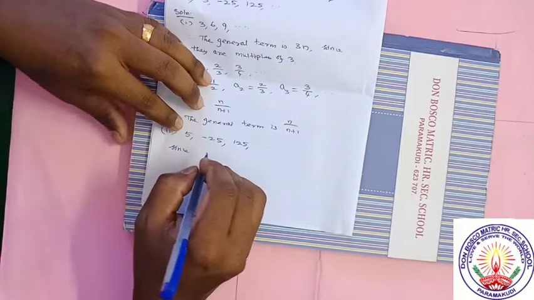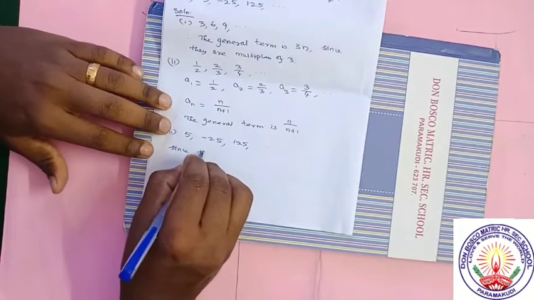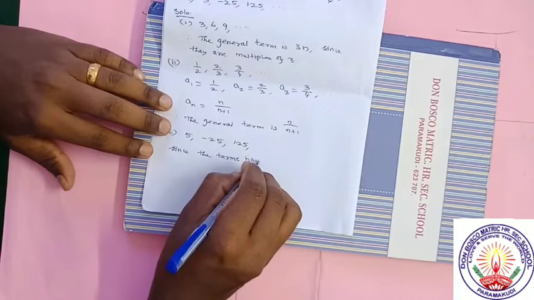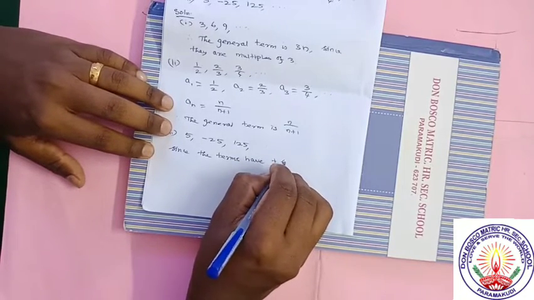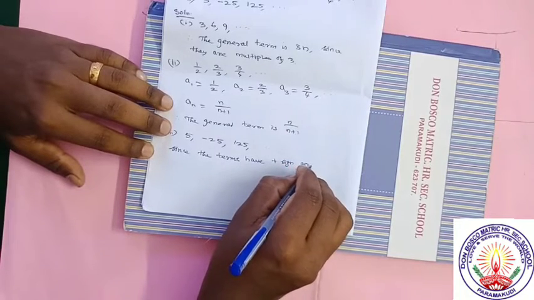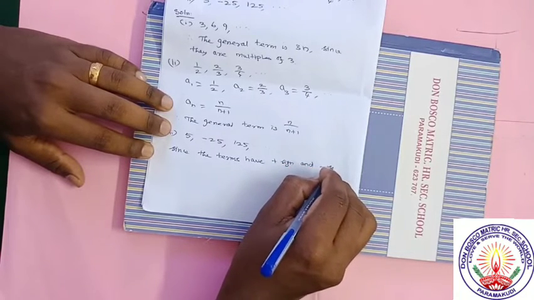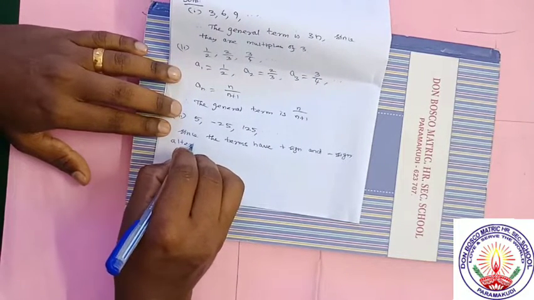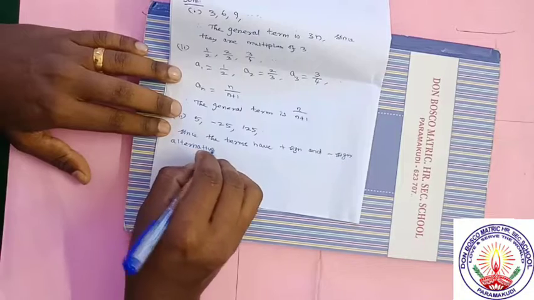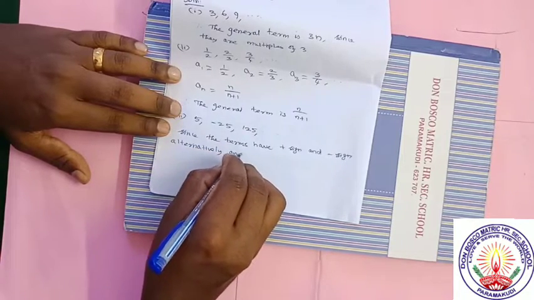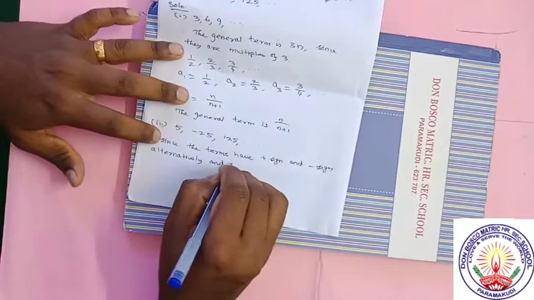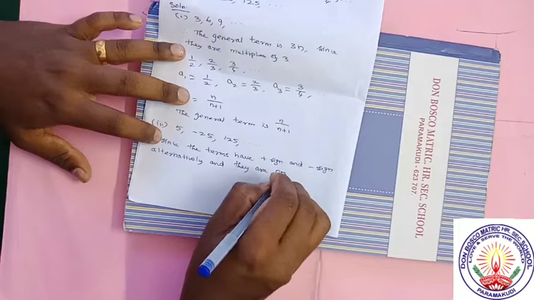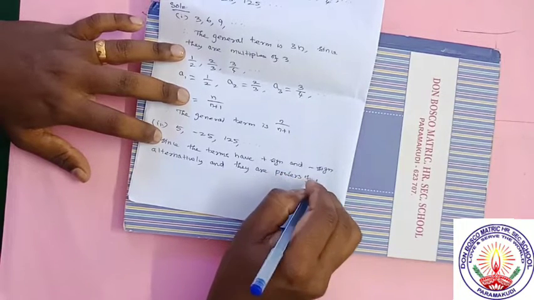Since the terms have a positive sign and a negative sign alternately, that means 1 plus, 1 minus, like that, and they are powers of 5.